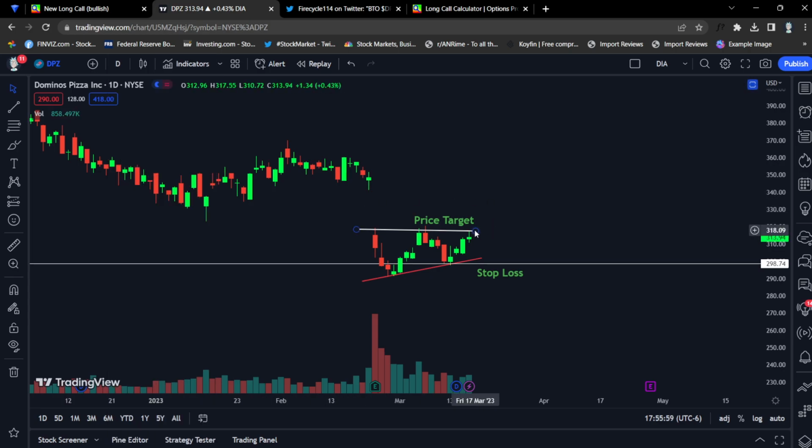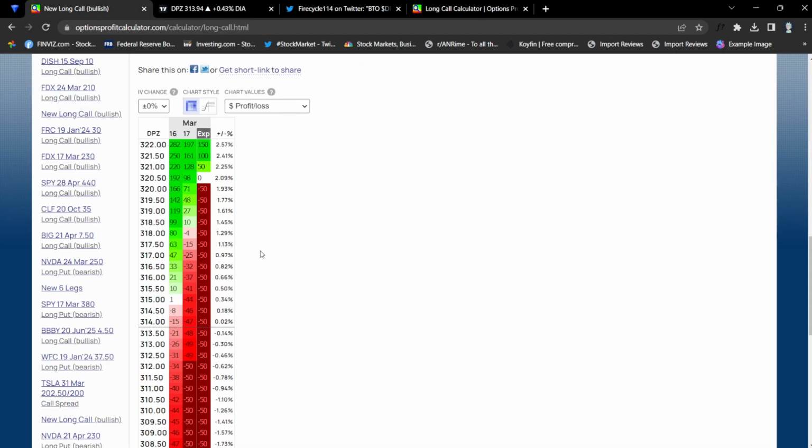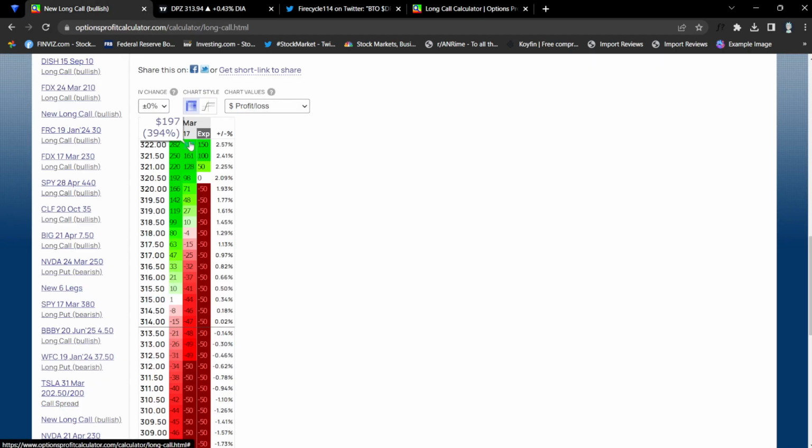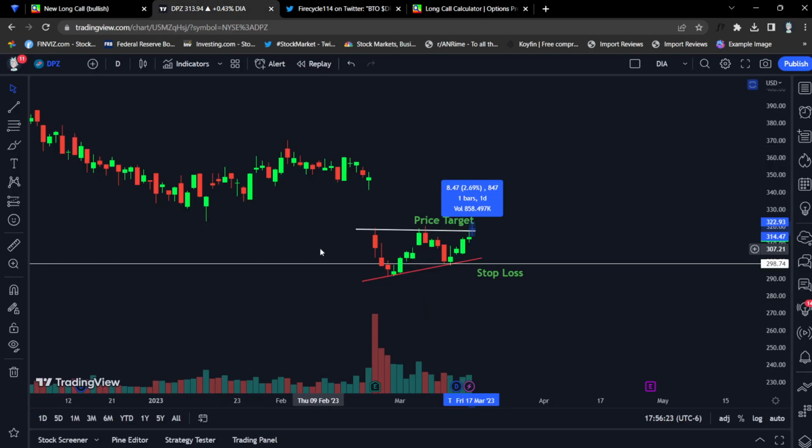So Domino's needs to be right around this level of resistance for me to be at that level. But the good side is that I am making a lot more. So let's see, a $322 move, which is right around like 2.6%, is going to be a 400% gain.